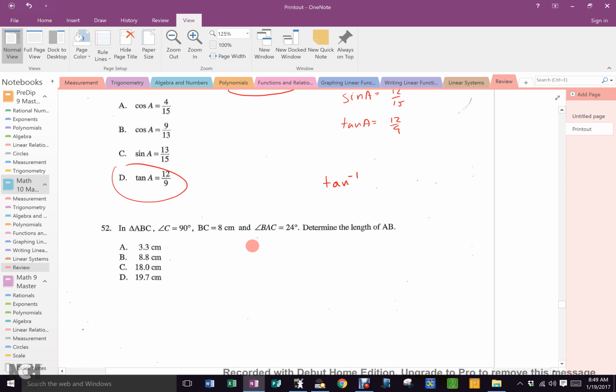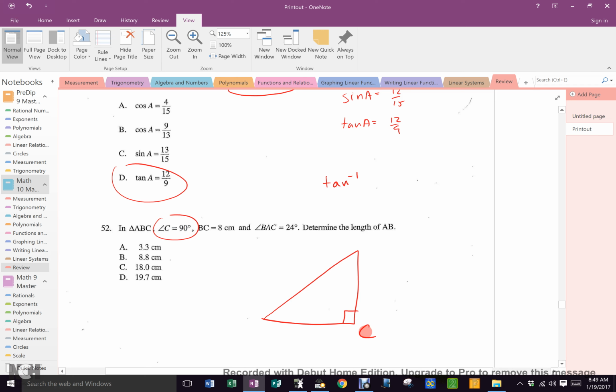What about this? No picture. So what do? Every trig question needs a picture. Every trig question needs a triangle. Does it matter what the triangle looks like? No. But now we need to put in our information. Angle C is 90. Where's the 90 here? Right here.